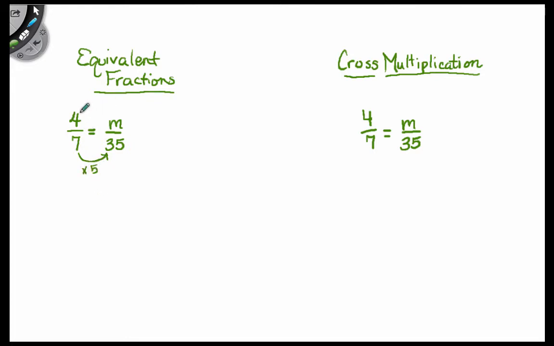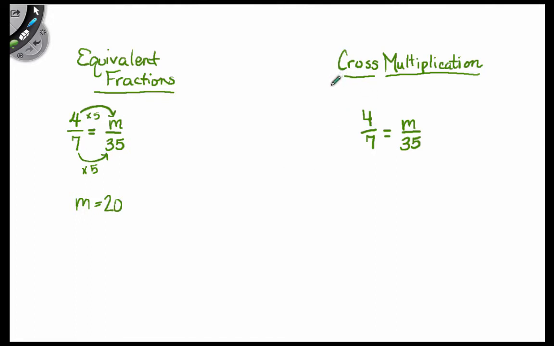So to get from 4 to our missing number, we would also multiply by 5, because remember, for it to be a proportion, the two amounts have to increase or decrease at the same rate, which means you multiply both the top and the bottom by the same number. Since 4 times 5 equals 20, m equals 20.